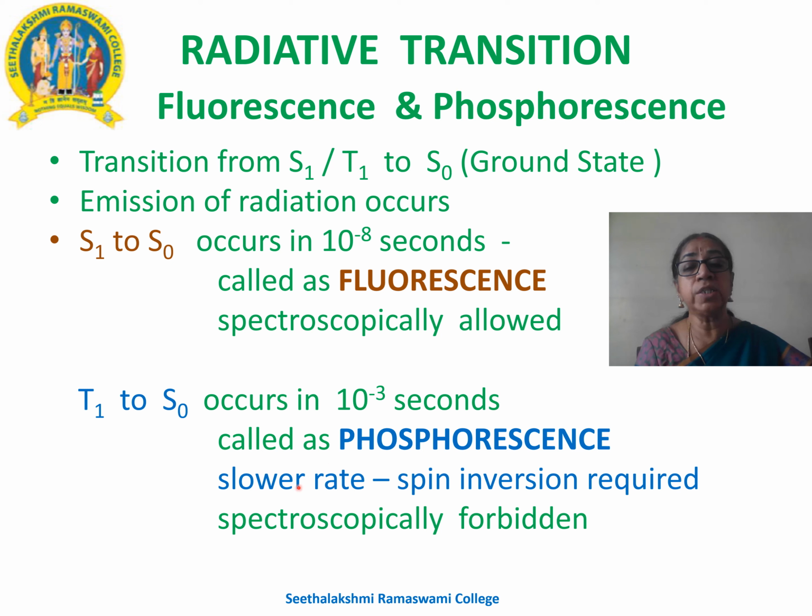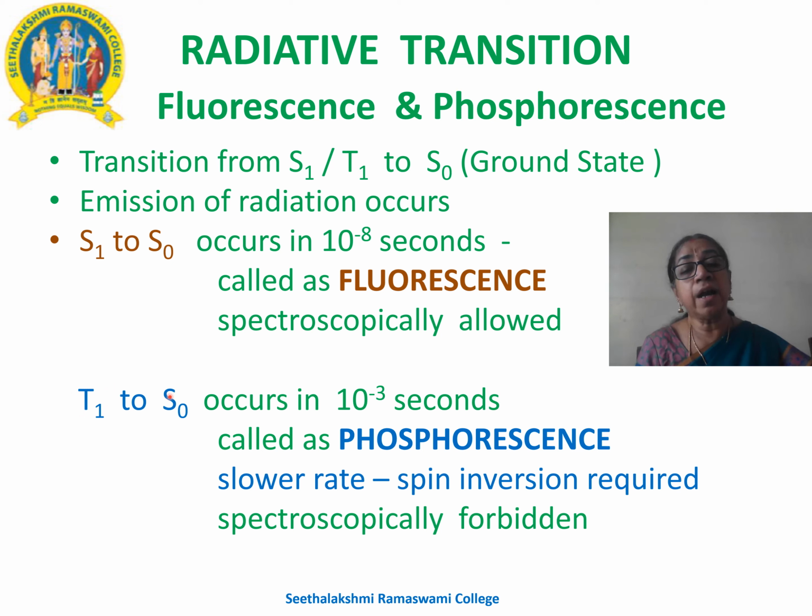It occurs very slowly. Why does phosphorescence need more time? Because phosphorescence is the transition from T1 to S0. T1 is a triplet state, S is a singlet state. In the T1 state, the electron is in a clockwise spinning mode.